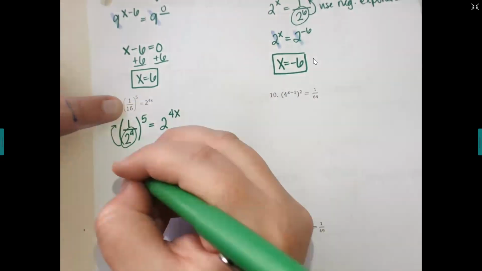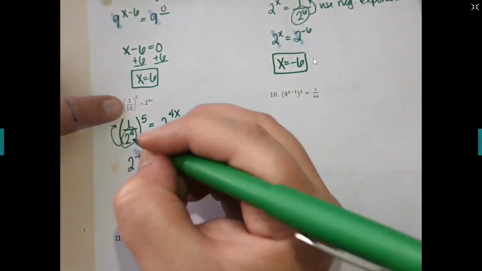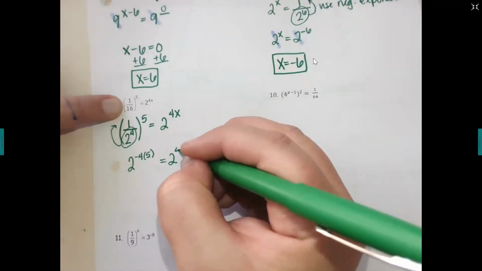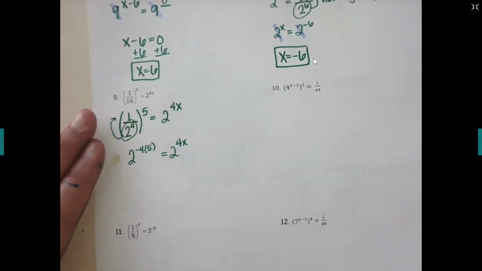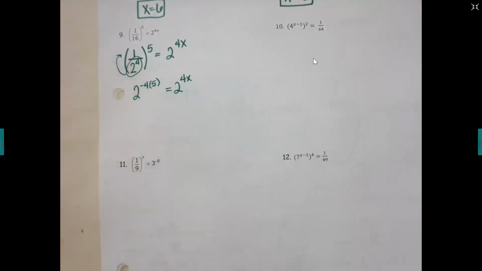So now it's 2 to the -4. And then remember, whatever your original exponent was, you're just gonna keep it in parentheses. Now that they both have the matching 2 bases, you can eliminate them and then just keep solving. So my 2's are now gone. What is -4 times 5?